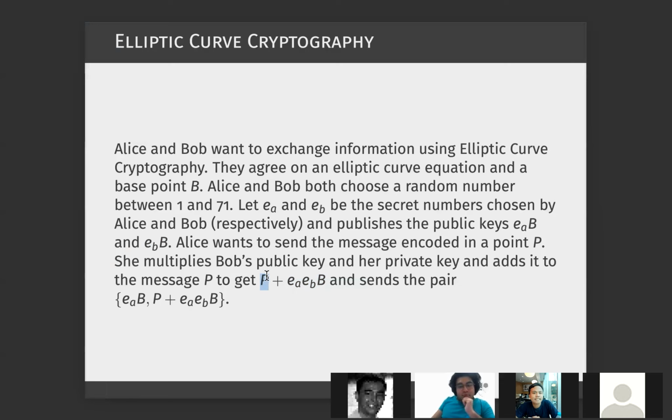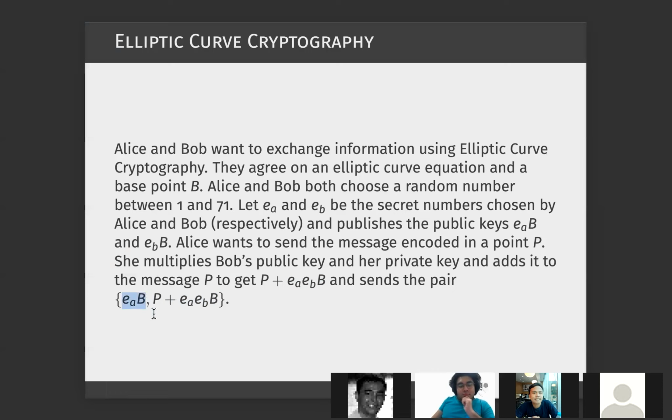The result of this is the encrypted message, or we call it the ciphertext. Okay, I made a mistake. So, yeah, that's right, this is the public key of Alice.